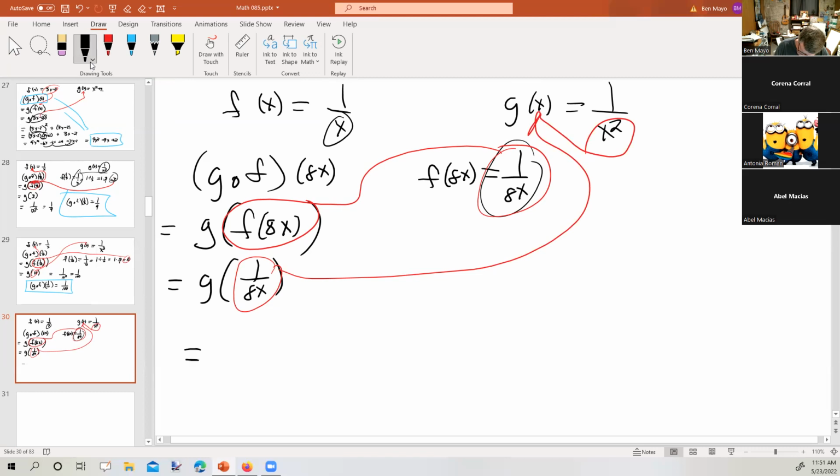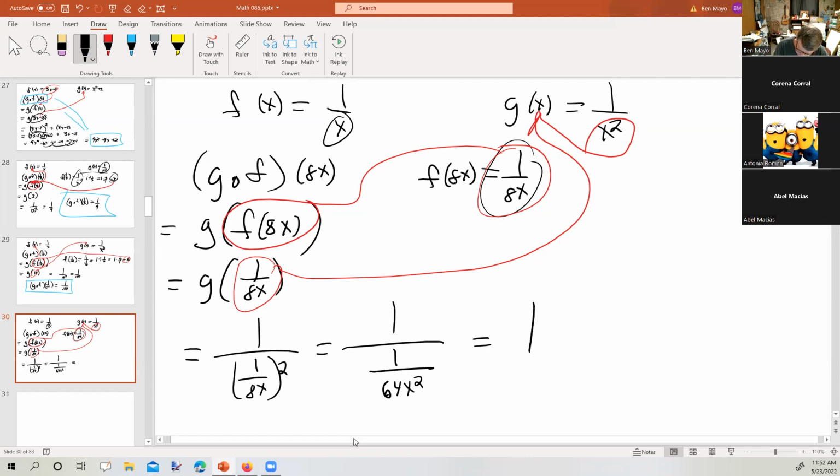So that's going to be 1 over 8x, the quantity squared, which is 1 over 1 squared over 8x squared. So 1 squared is 1, 8 squared is 64, and x squared is x squared.